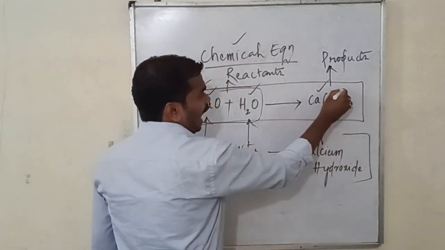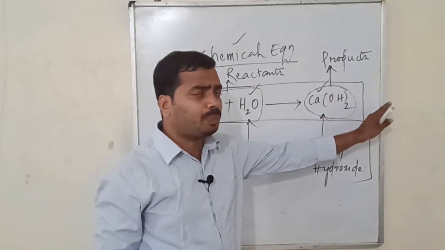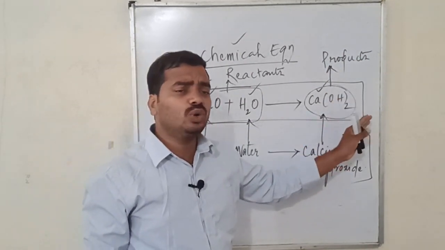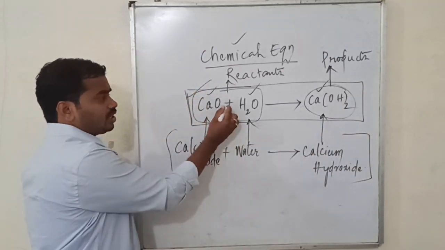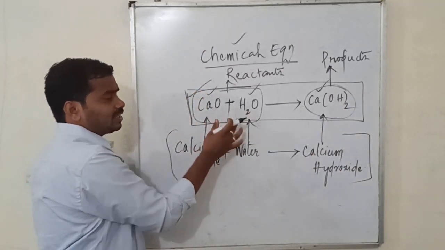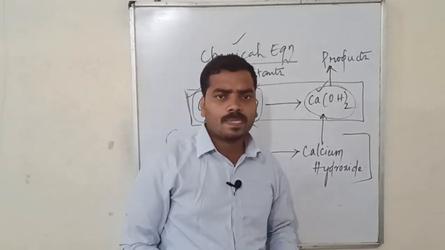See here, as there is only one product, you have written directly. If there is one more product, you have to introduce a plus sign between those products, as we have introduced a plus sign between the reactants, as there is more than one reactant present.